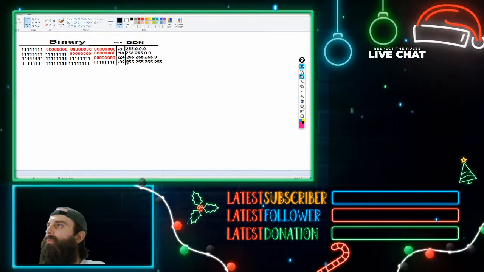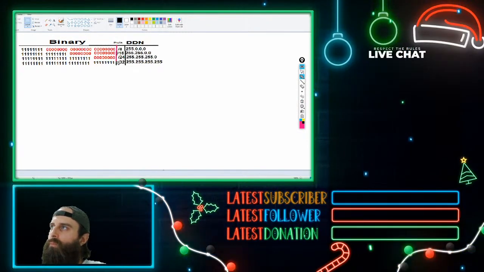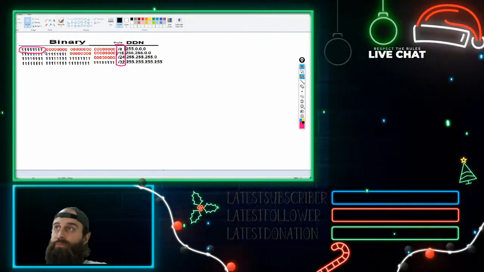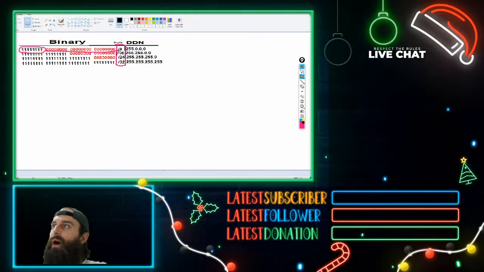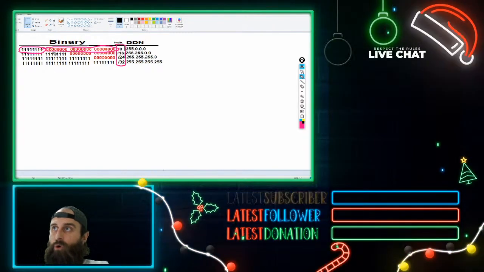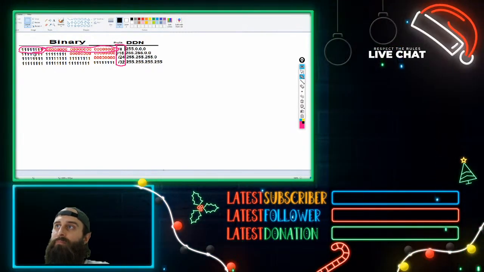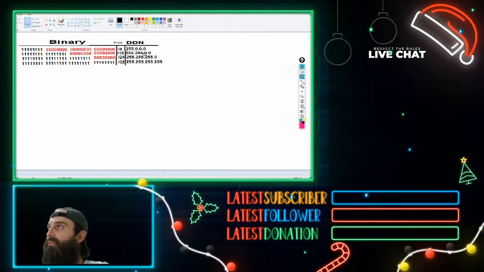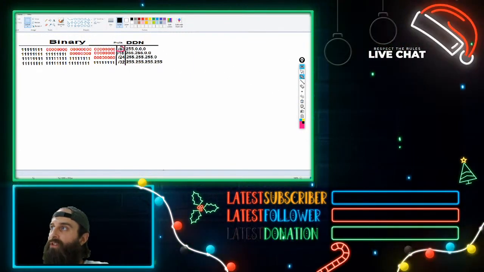Now what we've got here is the prefix length. How we get that prefix length is we have 8 binary ones followed by 24 binary zeros, and we only count the 8 binary ones. Since we have 8, we have a prefix of 8.